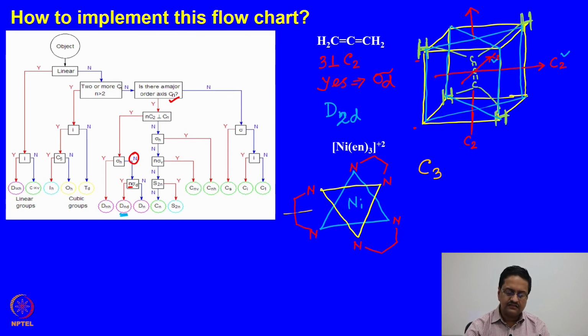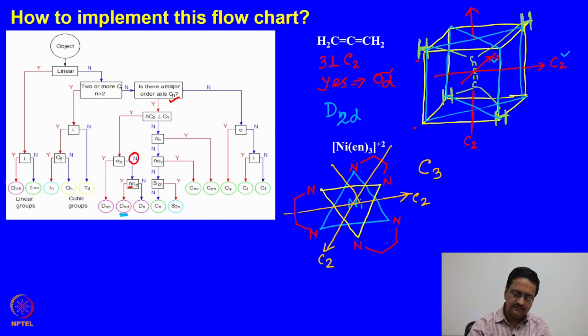Yes, the answer is yes. We have a C2 here, we have a C2 there, and then there is a third C2 passing through the center of the molecule. So, it has C3 plus 3 perpendicular C2s.